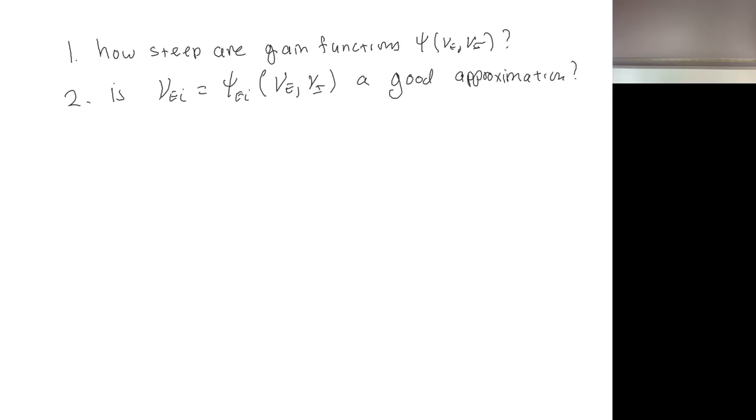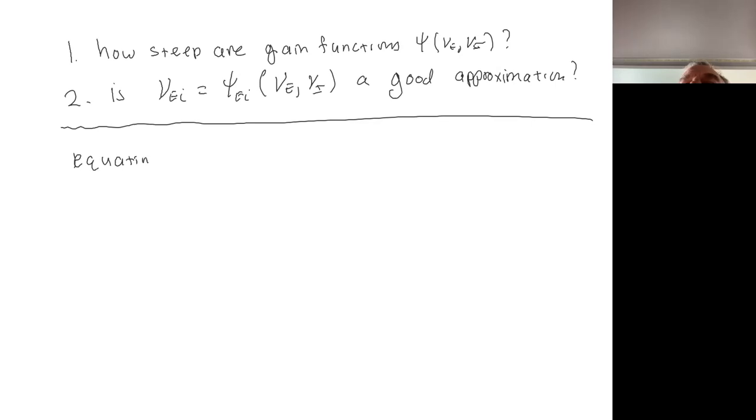So remember our equation, the equation for voltage: tau dV/dt equals minus (V minus E leak) plus the sum over j of W_ij G_j of t. I'm not going to worry about excitatory versus inhibitory neurons.